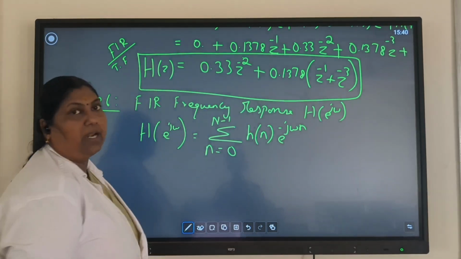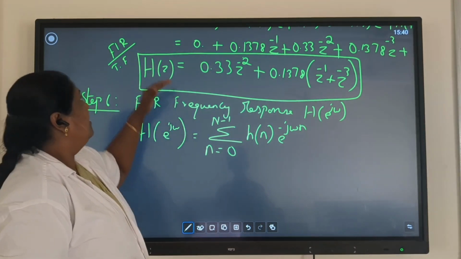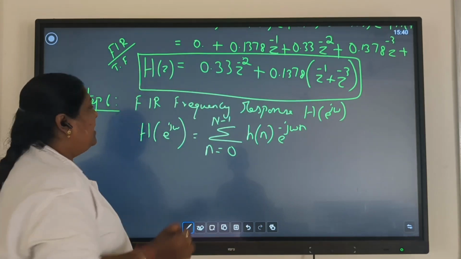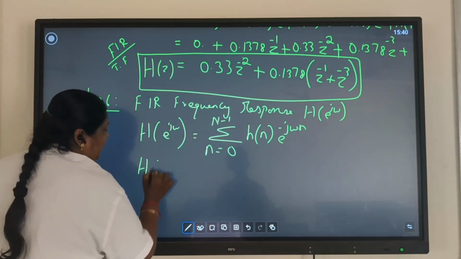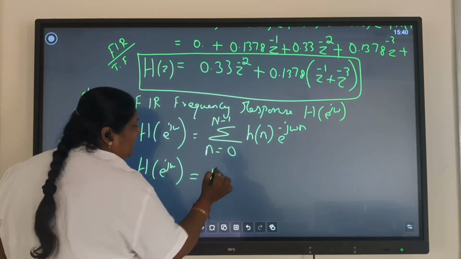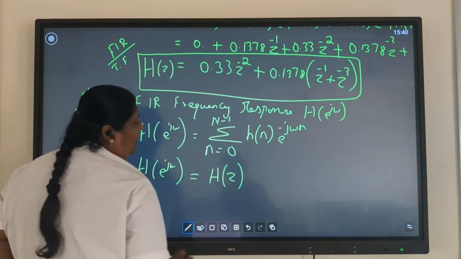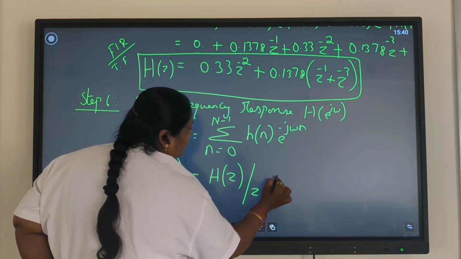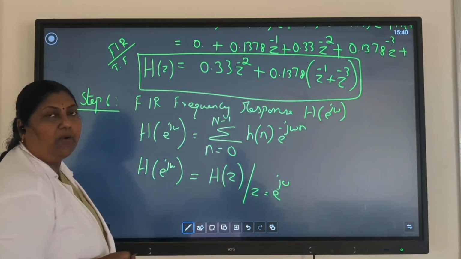You can use this formula, or directly from the previous step I have calculated H(z). By the relationship between z transformation and Fourier transformation, both will be equal by substituting z equal to e power j omega.